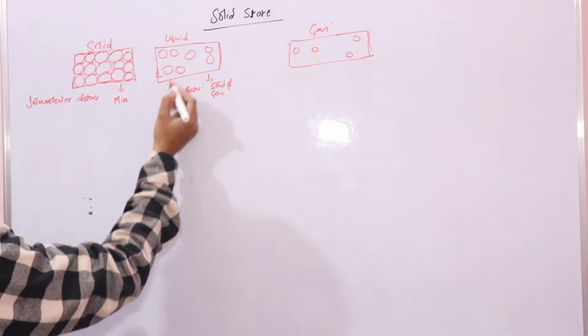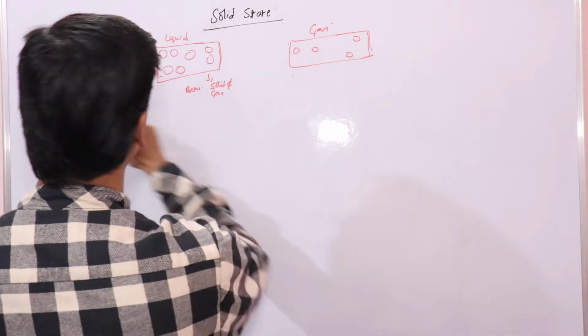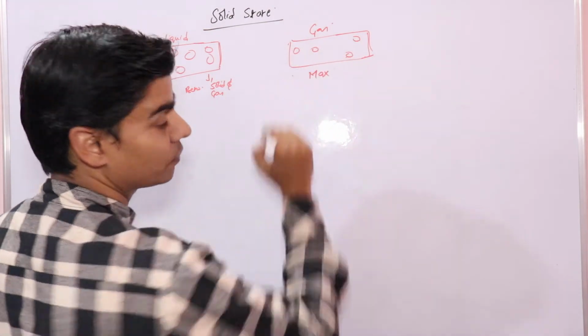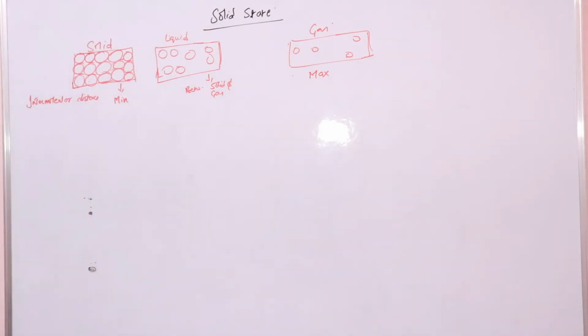In the case of liquids, it's between solid and gas, and in gases the intermolecular distance is maximum. As you can see, molecules are far away from one another, so intermolecular distance is maximum in the case of gases.